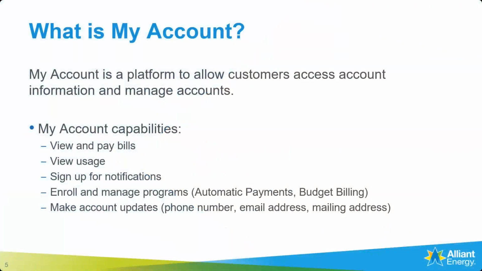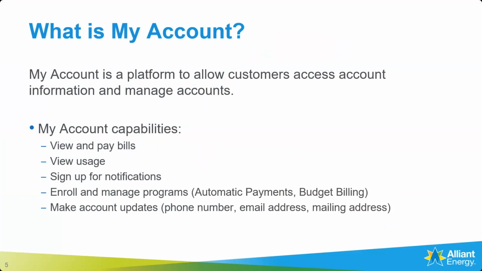So getting into My Account, just want to briefly cover what is My Account and how that works. My Account is a platform that Alliant Energy offers to customers to allow you to access your account information online and manage your accounts. My Account offers the ability to view and pay your bills. You can also view your usage. You can sign up for really good notifications that are really informative, and those are available also through My Account.